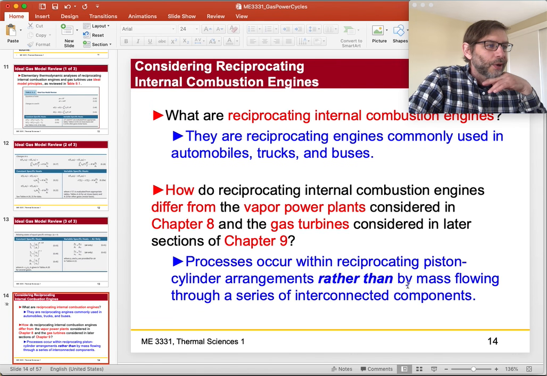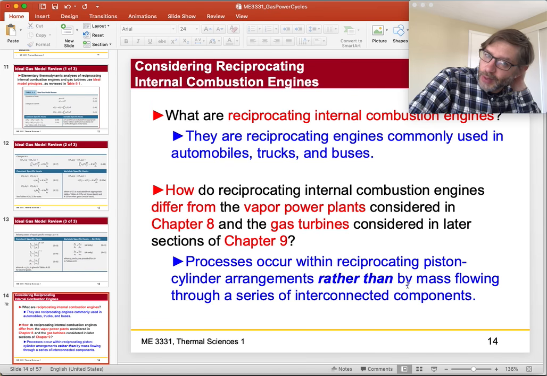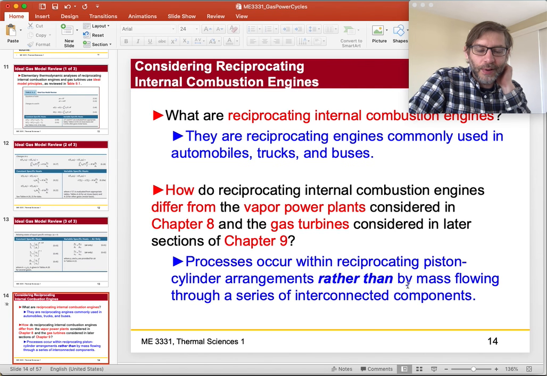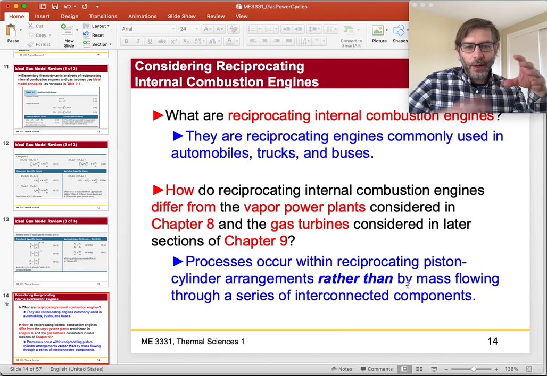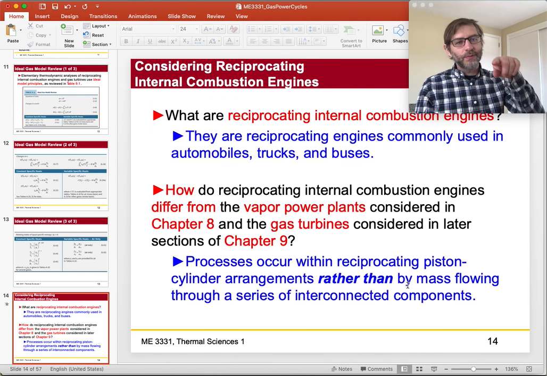Okay, so how do reciprocating internal combustion engines differ from vapor power plants? Well, first, they operate on gas; they don't do phase change, right? So that's obvious. You could answer that. But processes in internal combustion engines occur within a closed volume, a closed system. The volume changes within a closed system, as opposed to a set of flowing systems.